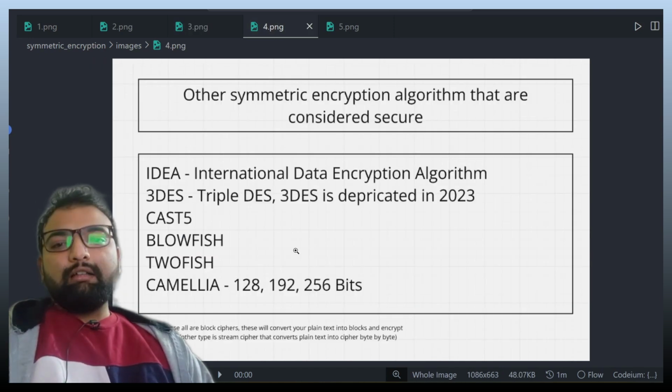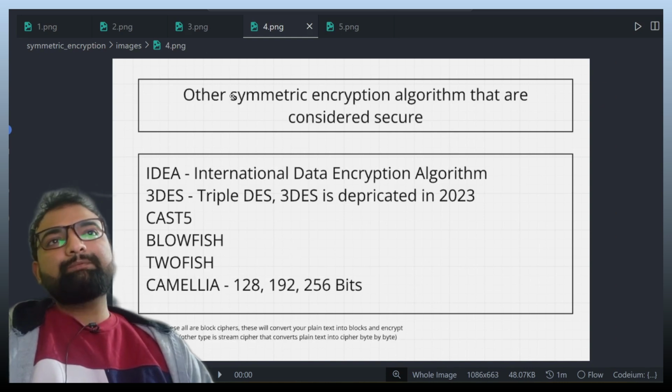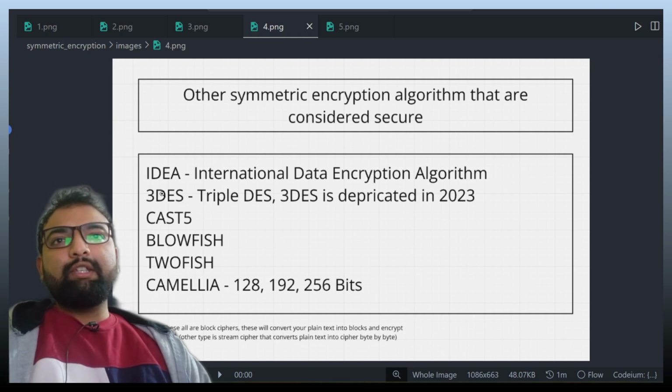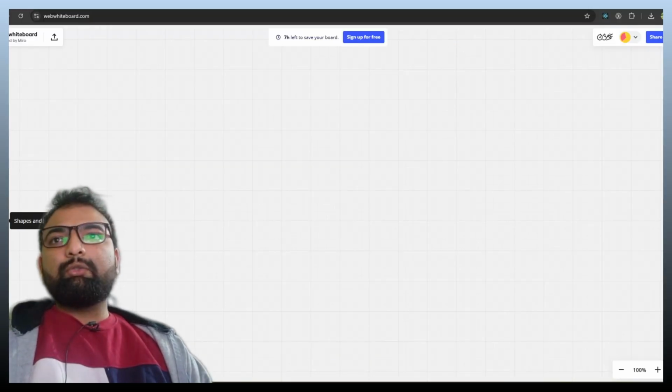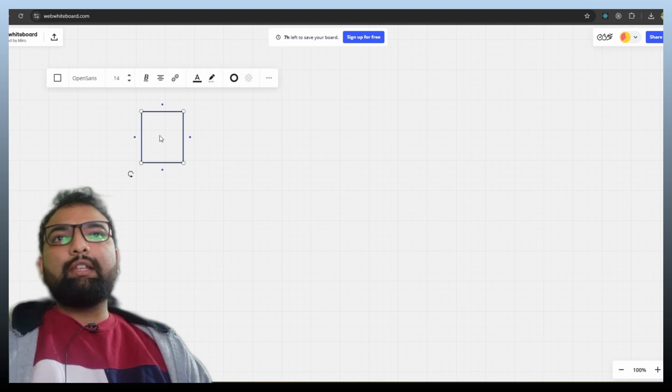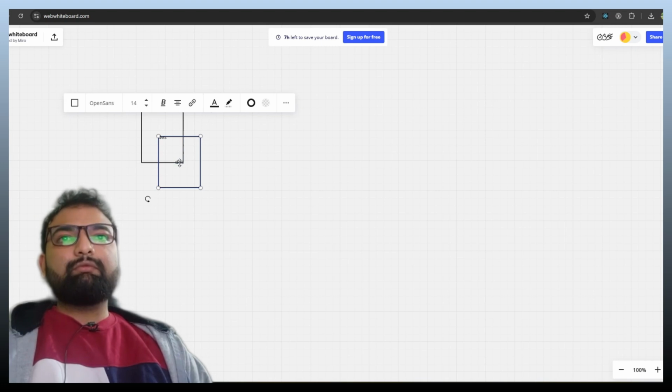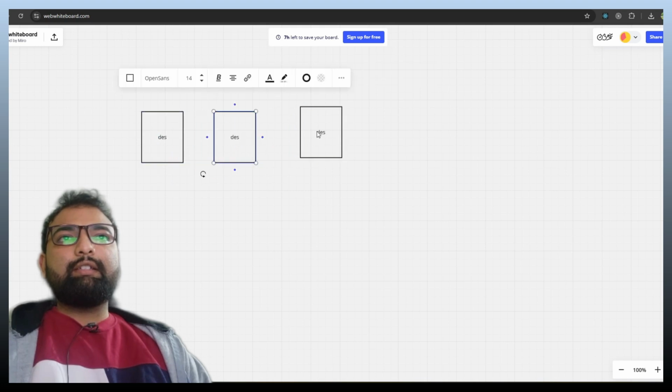These are the other symmetric key encryption algorithms that we could use. Triple DES is the DES algorithm used three times. So we use a block of DES, and we send our ciphertext. Let me show it. This is how triple DES goes: we have DES, DES, DES.